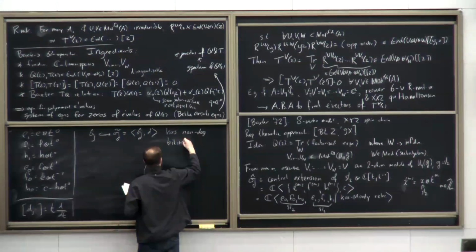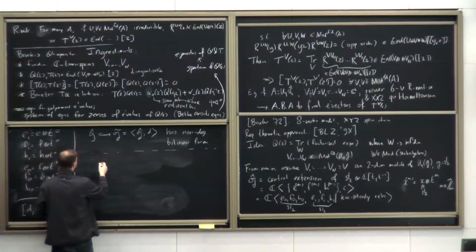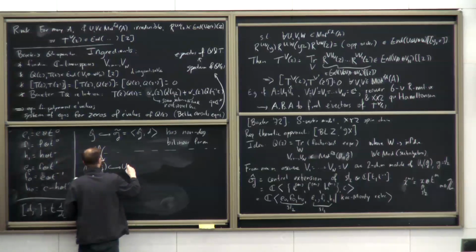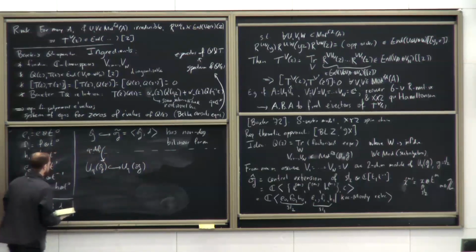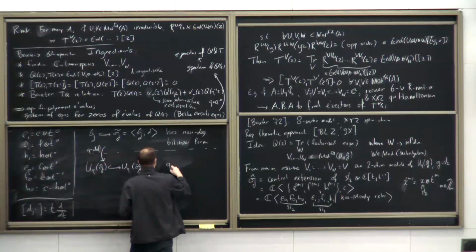Okay, and so this inclusion can be q-deformed. Rather, for the universal enveloping algebras, it can be q-deformed. And so what you get is an embedding of quasi-triangular bialgebras. And here q is a non-zero complex number, not a root of unity.